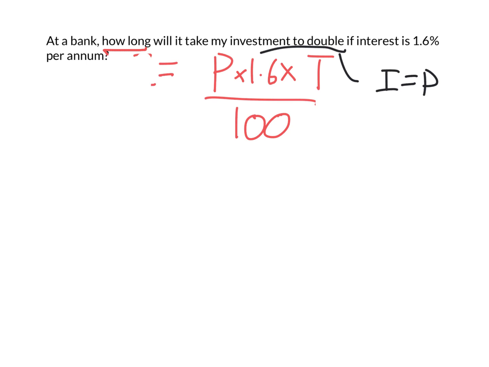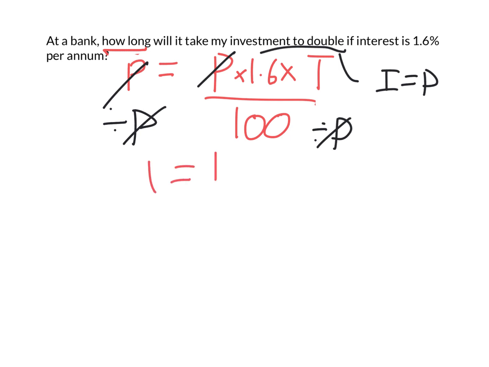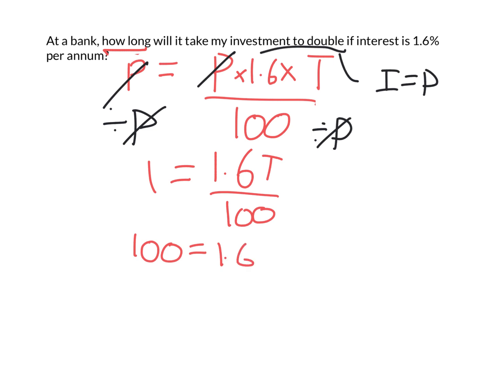So what I can do here is I can rub out I and replace it with P. So when I get to this stage, I can actually divide each side by P. You can do whatever you want to one side as long as you do that to the other, because times P divide P cancel out. I'm just left with 1 equals 1.6T over 100. Now, timesing each side by 100 gives us 100 equals 1.6T.